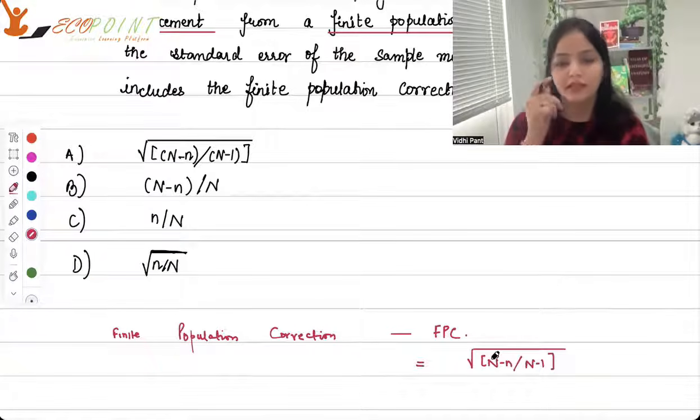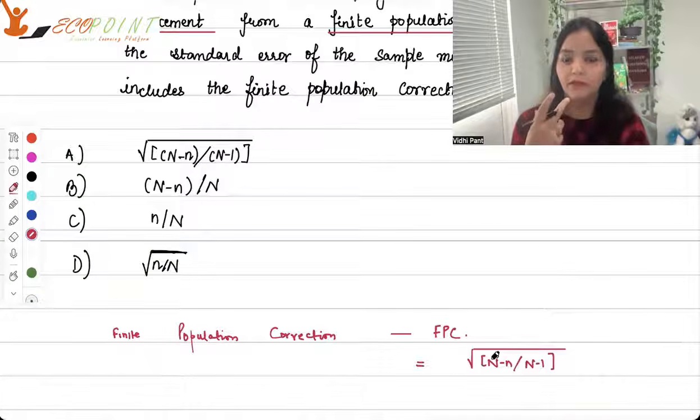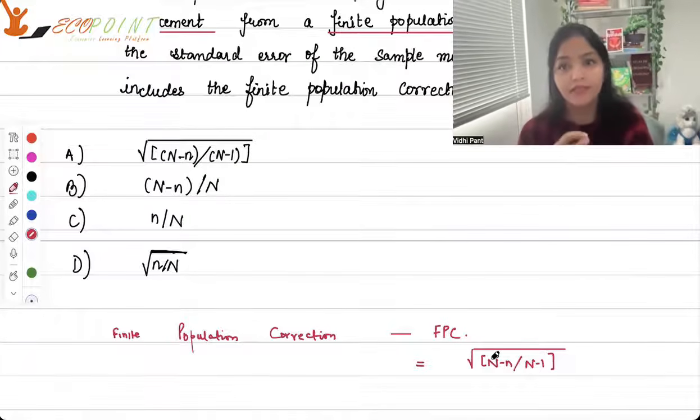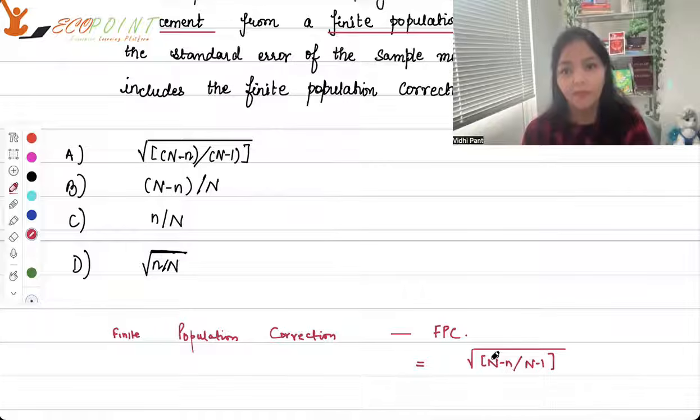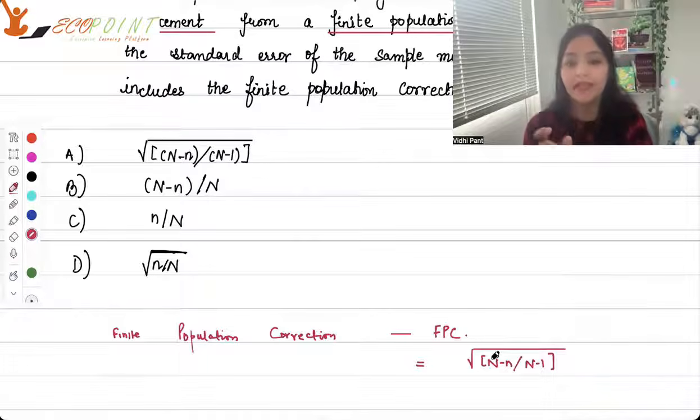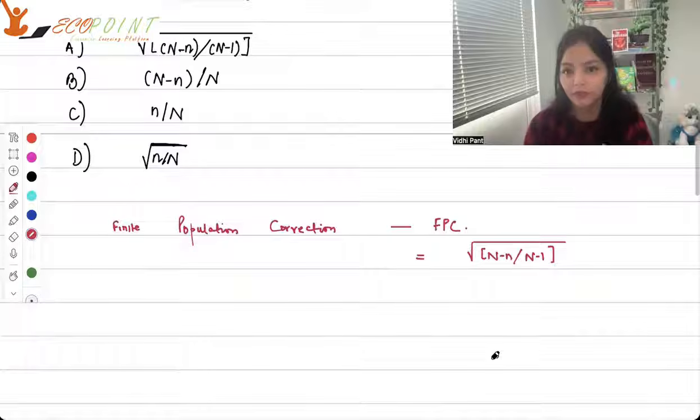This is similar to the case of the hypergeometric. If you can recall, in hypergeometric, your variance, since it's a specific case of binomial but without replacement, and since it's without replacement, therefore there would be that covariance which will come into play, and because of which you have this finite population correction.